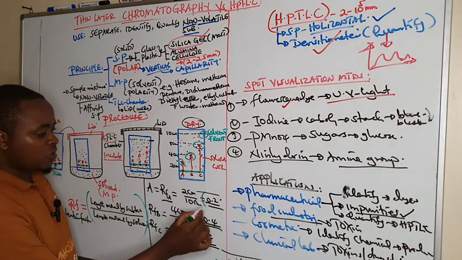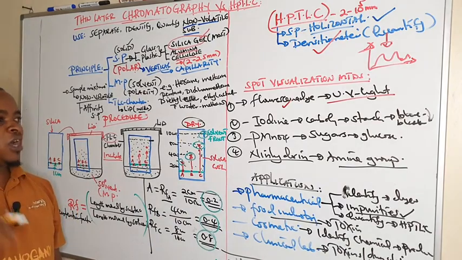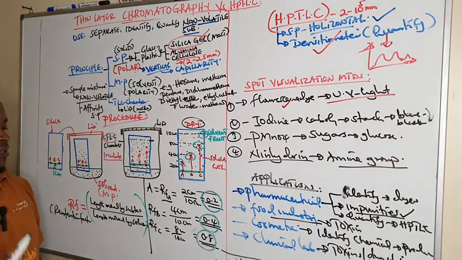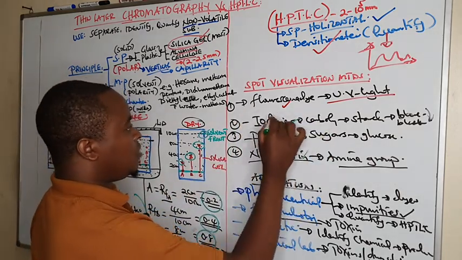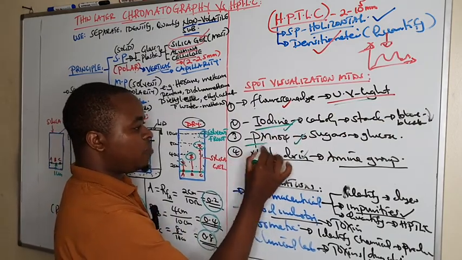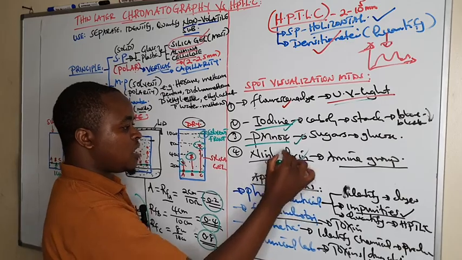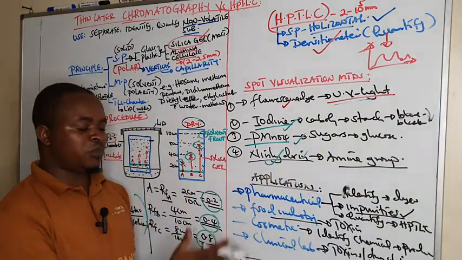And we are able to record them, and we have used this example. We have gone ahead to look at different visualization methods, whereby we have UV light, iodine vapor, potassium permanganate solution, ninhydrin, and others. And we have ended by looking at the application.